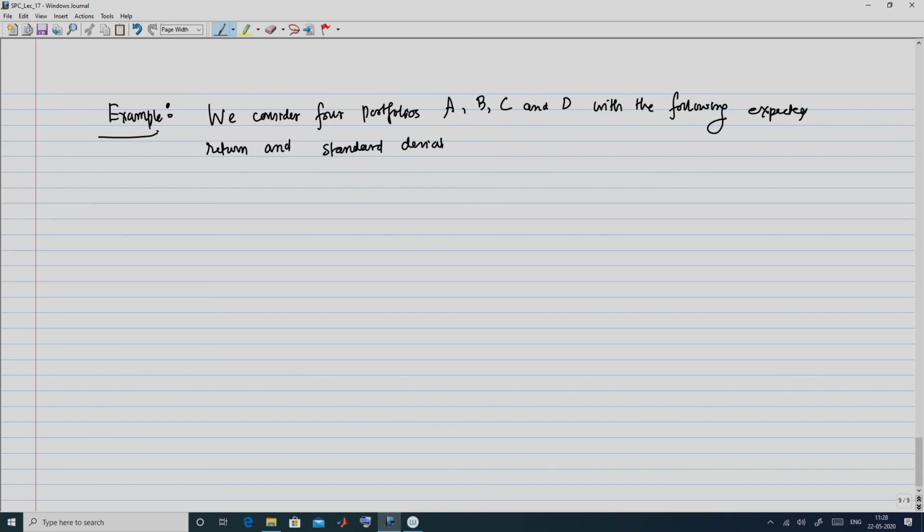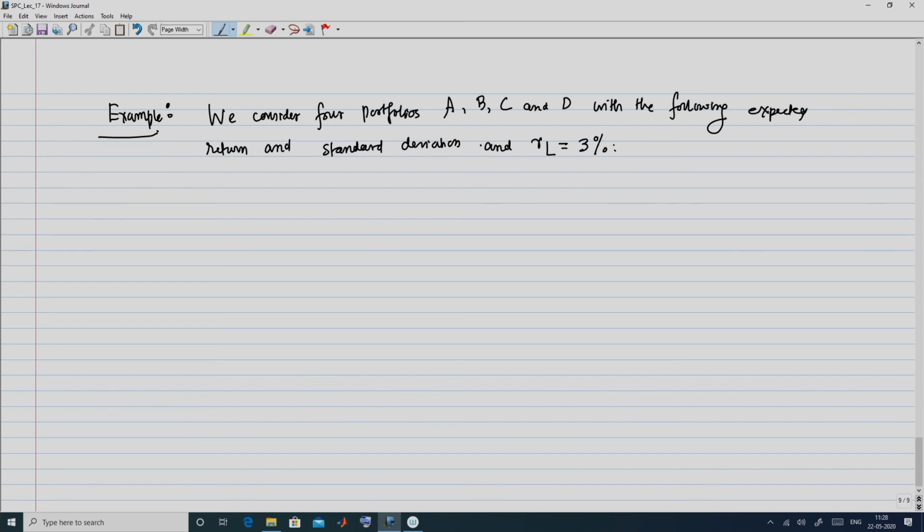We consider 4 portfolios, which we will designate as A, B, C and D, with the following expected return and standard deviation, along with the safety threshold R_L being 3%.